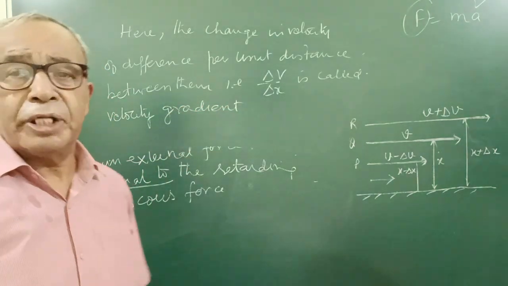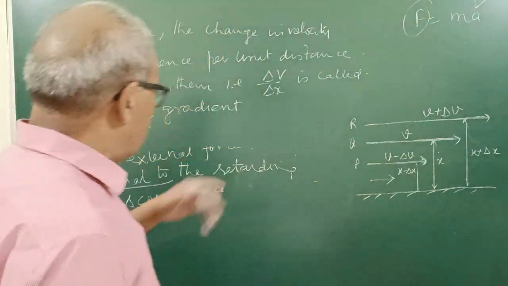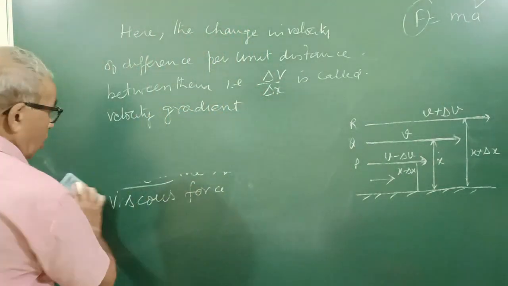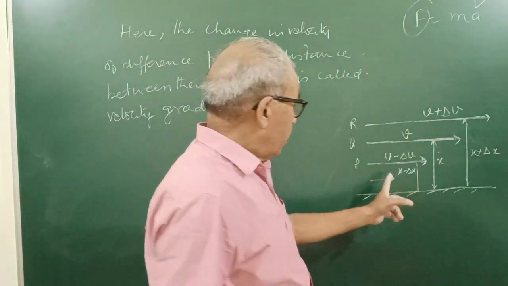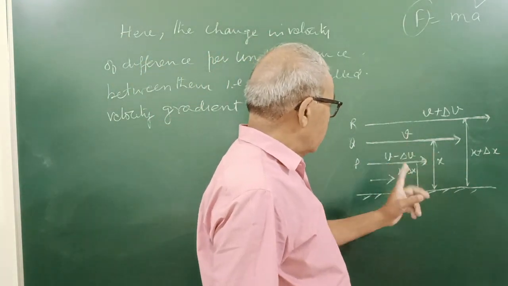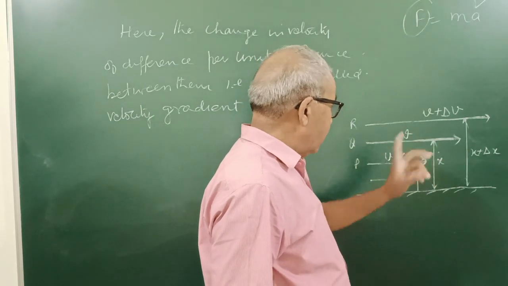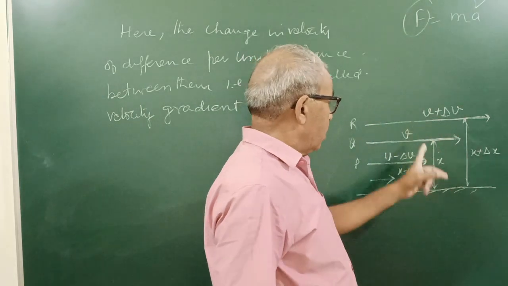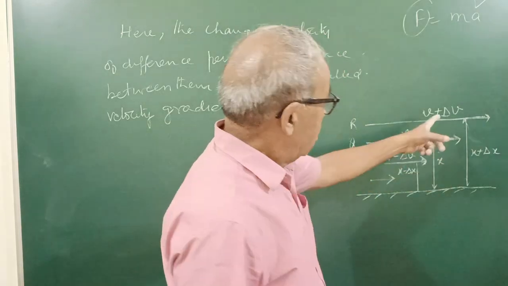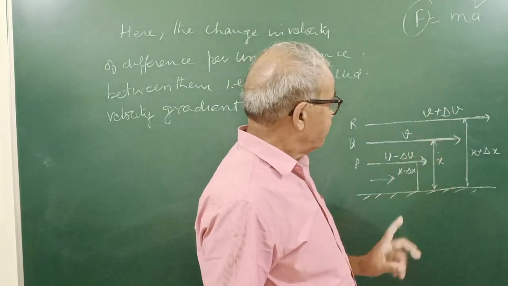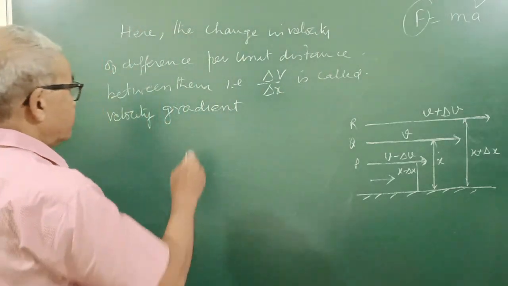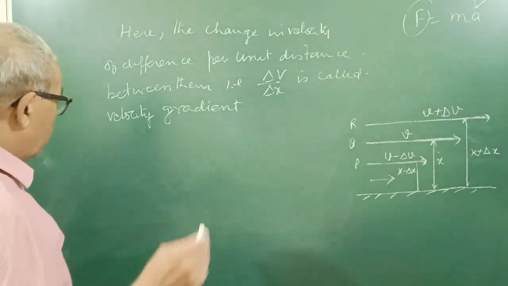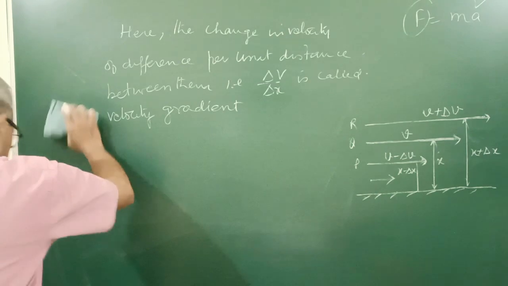Actually, to understand viscosity, we need a long introduction, not a long description. The velocity changes from v minus delta v to v, so the change is delta v, and delta v upon delta x is called velocity gradient.